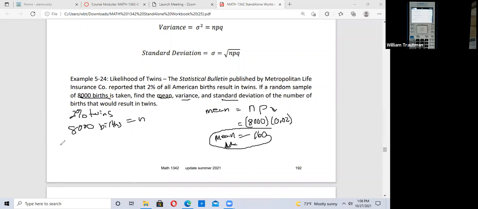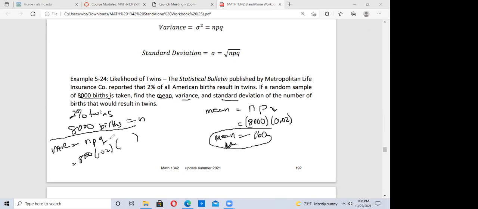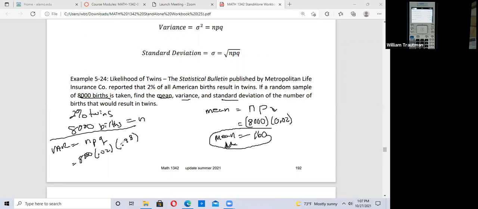Now we're going to do variance. Variance is NPQ. So N, once again, is 8,000. P, the probability of getting a twin, is 0.02. Can somebody tell me what Q is? Would it be 0.98? Yeah, 0.98. They have to add up to 100%. If P is 0.02, you do 1 minus 0.02 and you get 0.98.